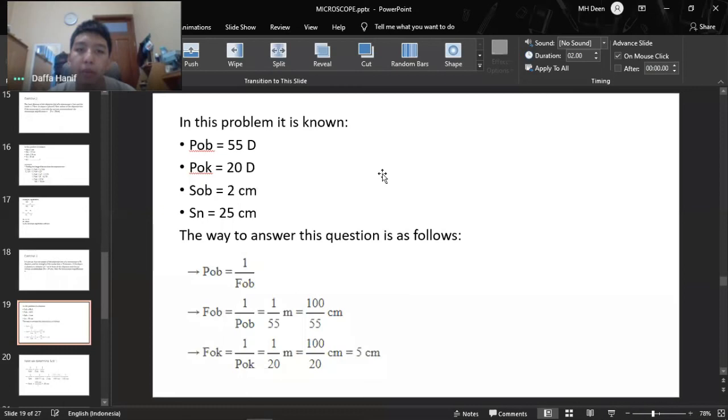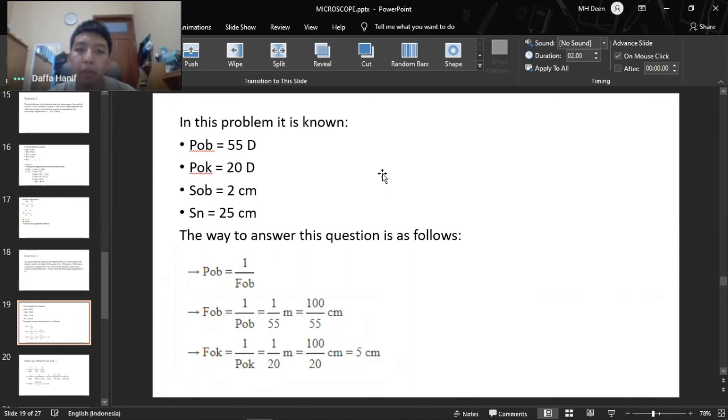In this problem, it is known P_OB is 55 D, P_OK is 20 D, S_OB is 2 cm, S_N is 25 cm.